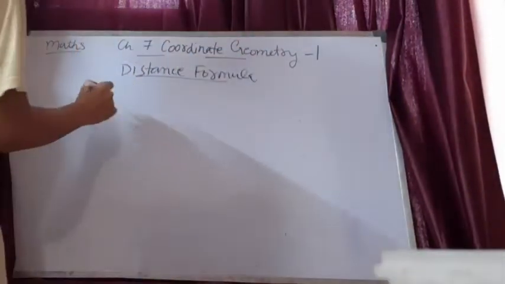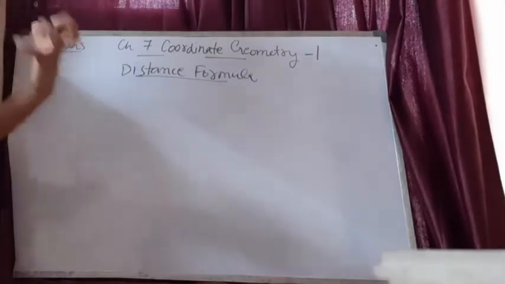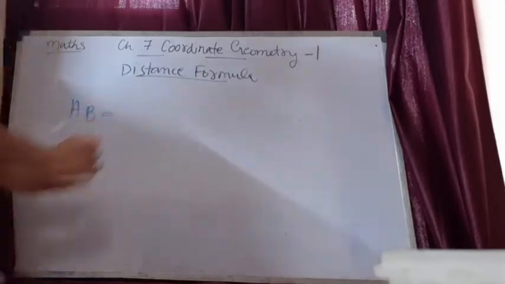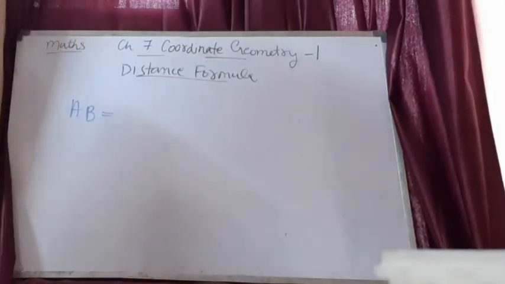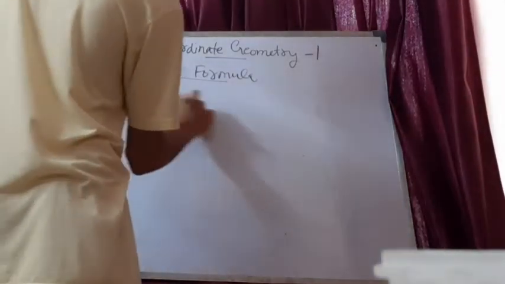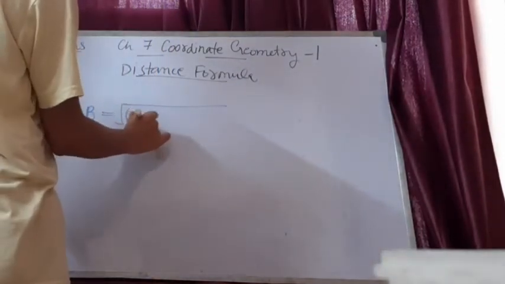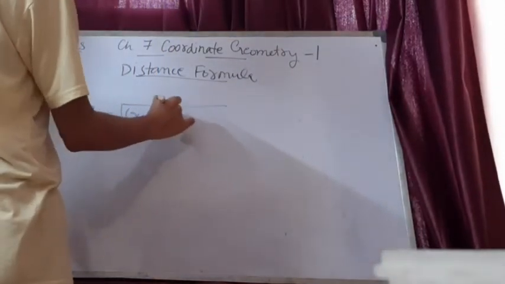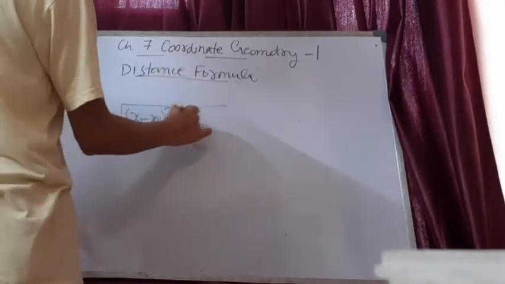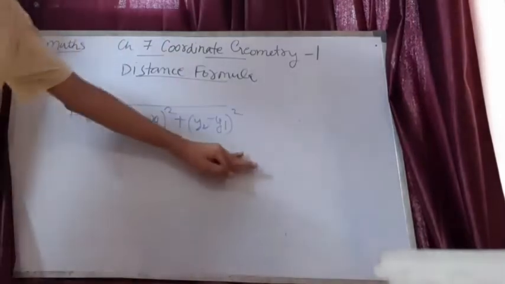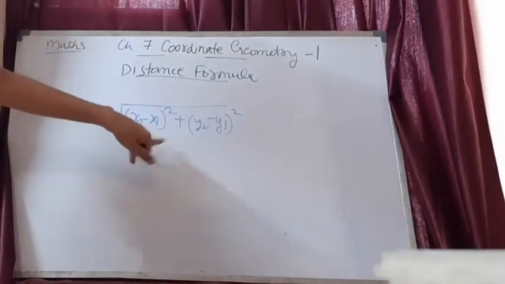If we want to find the distance between 2 points, let's say AB, then the distance between these 2 points is going to be under root of (x2 minus x1) whole square plus (y2 minus y1) whole square. This is your formula.